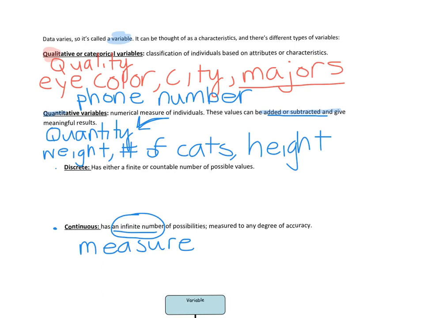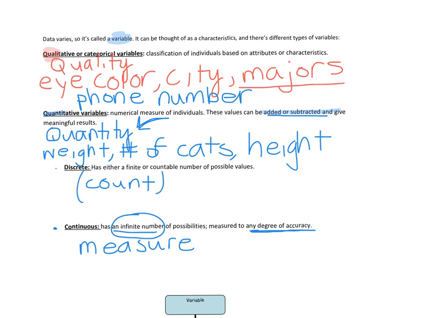Or we'd say 5 pounds if it's really 4.9999 pounds. There's infinite number of possibilities when we just say 5 pounds. But the degree of accuracy we're looking at is the nearest pound. So continuous is a measure. Discrete, we're going to think count, because we can count the number of cats.